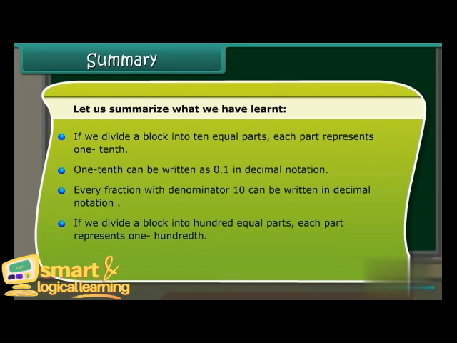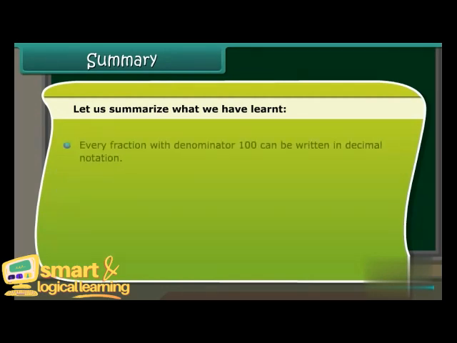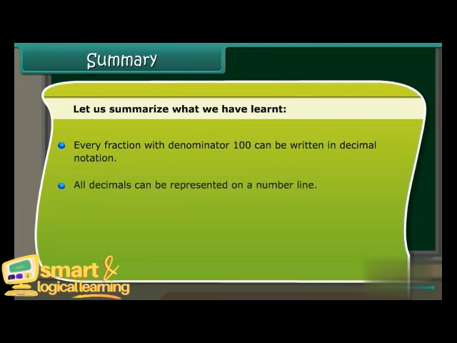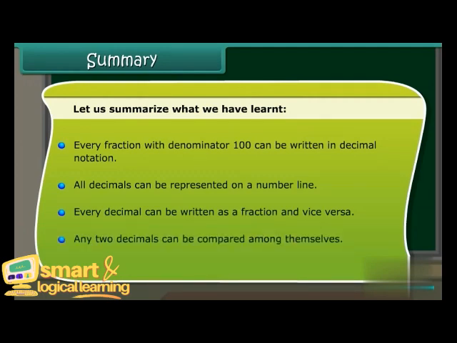If we divide a block into 100 equal parts, each part represents 1/100th. 1/100th can be written as 0.01 in decimal notation. Every fraction with denominator 100 can be written in decimal notation. All decimals can be represented on a number line. Every decimal can be written as a fraction and vice versa. Any two decimals can be compared among themselves.